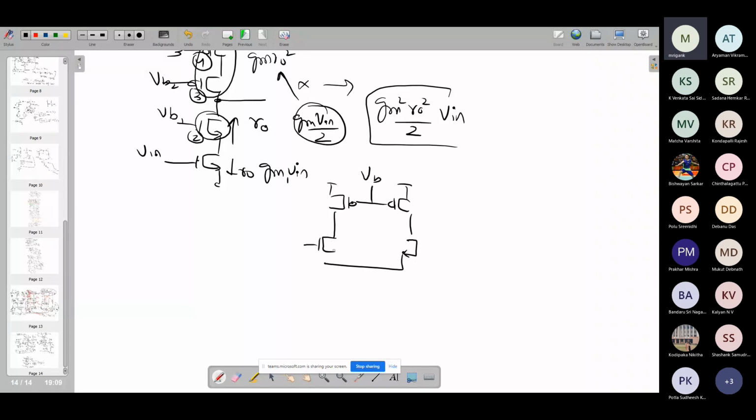This is a simple differential amplifier with active current source load, right? Here the output DC bias is not set properly, and we need to apply all kinds of feedback, common mode feedback, etc., that we have studied in that video lecture. I hope you have studied. If you have not, then please go through that. We will discuss that briefly, but not in so much detail as in that lecture.